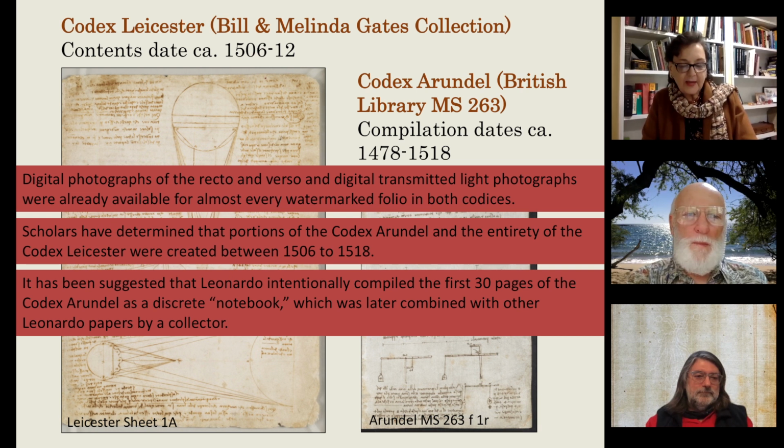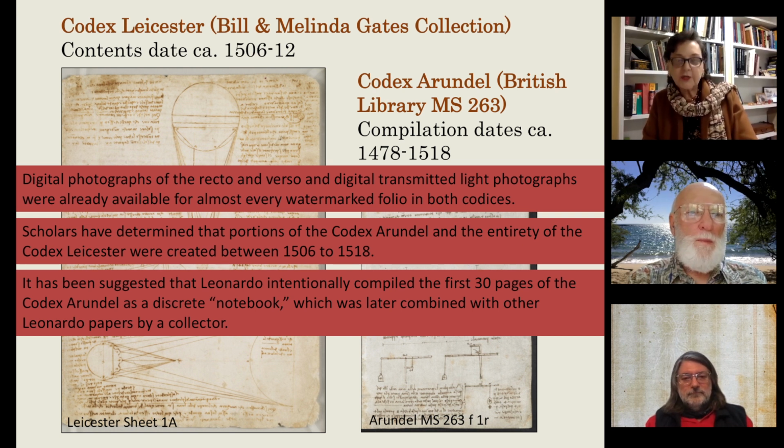And finally, the papers of the first 30 pages of the Codex Arundel, consisting of 20 full and half-size sheets, were particularly intriguing because, thanks to impressive scholarly sleuthing, it appears that Leonardo intentionally gathered them together to form a discrete notebook, which was combined with other Leonardo papers by a collector.